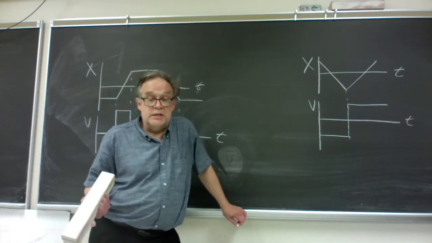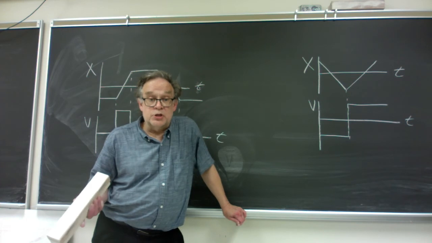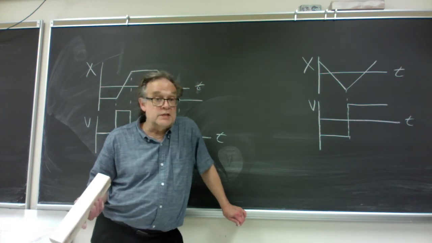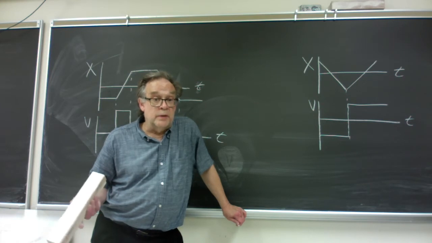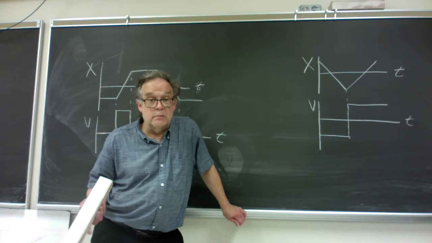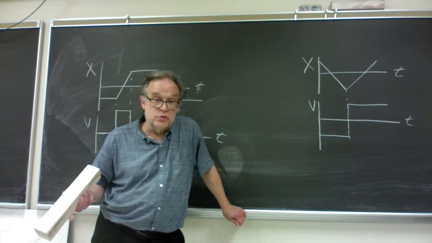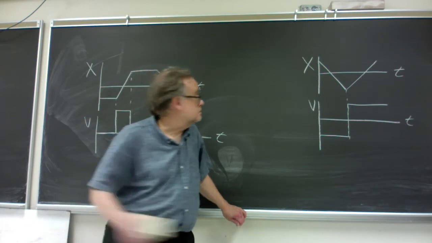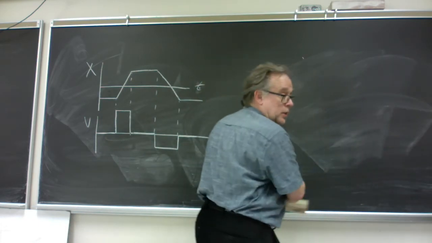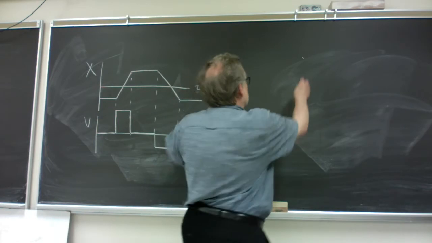Now, with this idea, we can work in the opposite direction as well. If we're given a graph of velocity versus time, from that we can deduce what a position versus time graph looks like, because in the position versus time graph, slope is velocity. So let's see how that works. Here's the velocity graph.